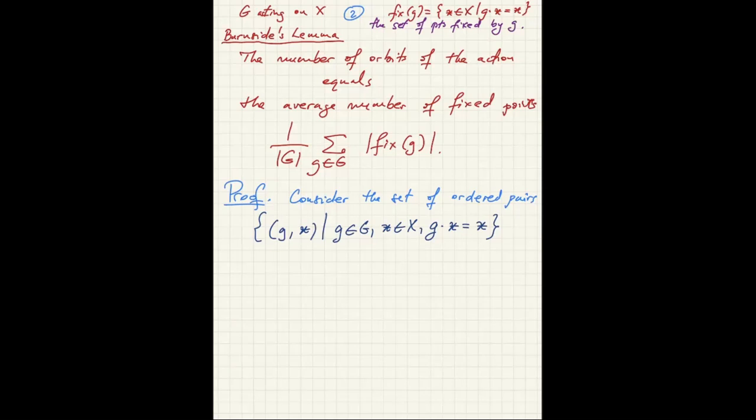Now you can think of ordered pairs essentially as a matrix in which maybe the rows are indexed by the first coordinate and the columns are indexed by the second coordinate. So when you're counting these ordered pairs, you can start with whatever coordinate you like and do the counting in that order, and the result at the end should be the same.